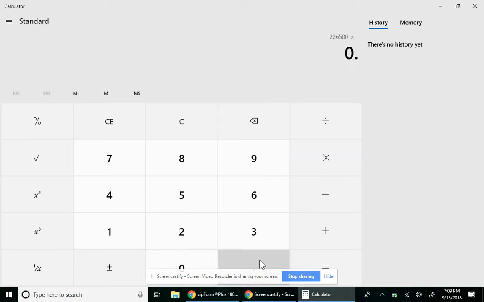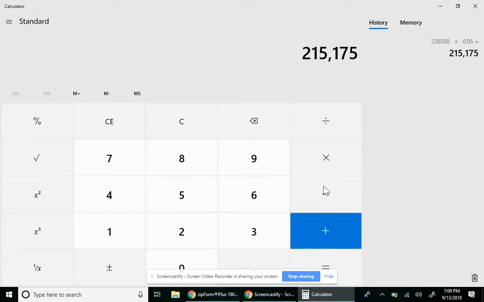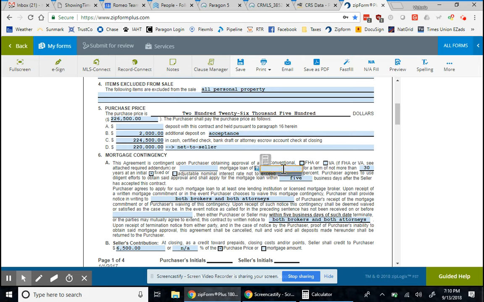So we'd do 0.95 to find out the amount of money that they're financing, which would be 215,175. That would go in this blank here, a mortgage loan amount of 215,175. So that is how you would calculate a purchase price with seller concessions.